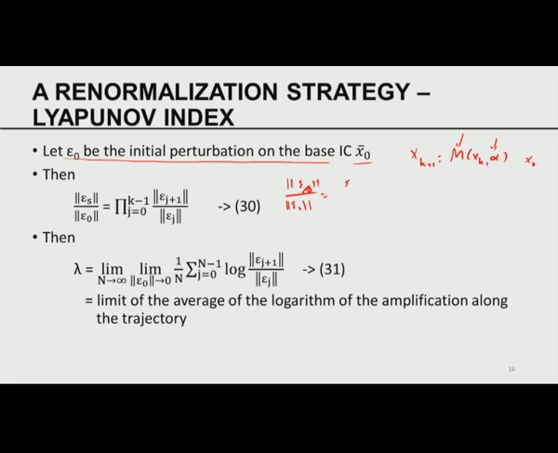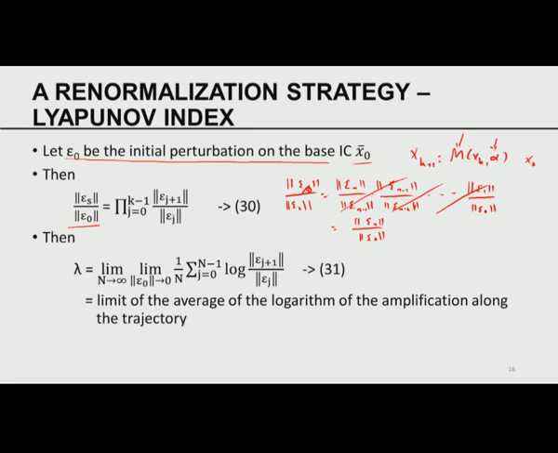So what is that? Epsilon s divided by epsilon s minus 1, times epsilon s minus 1 divided by epsilon s minus 2, and likewise down to epsilon 1 divided by epsilon naught. All the cross terms cancel, leaving behind epsilon s divided by epsilon naught.